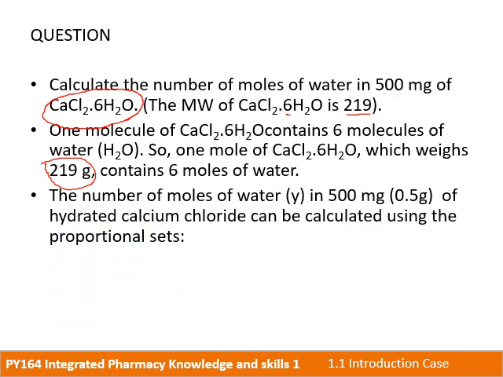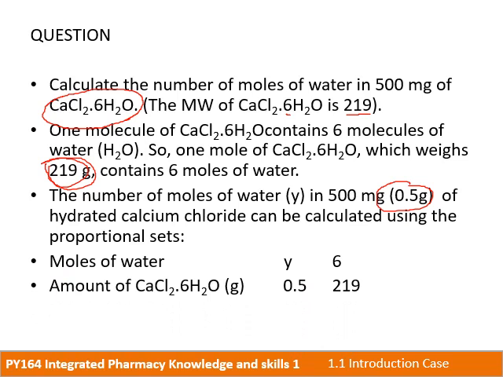So we're going to use proportional sets again, and we're looking for the number of moles of water in 500 milligrams, or 0.5 grams, of hydrated calcium chloride. I'm going to use 0.5 grams because, of course, the molecular weight is in grams. So we've converted that to grams. So 500 milligrams is 0.5 grams.